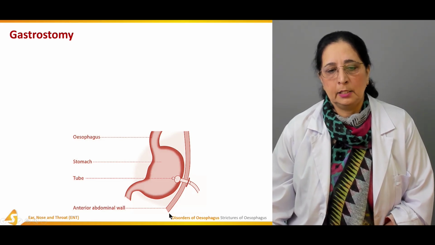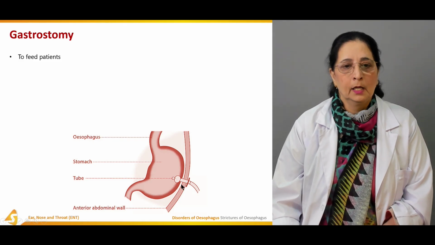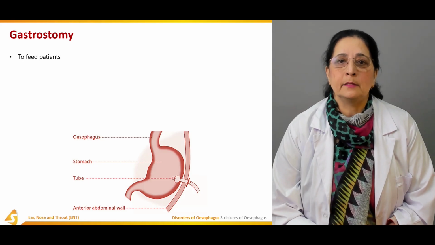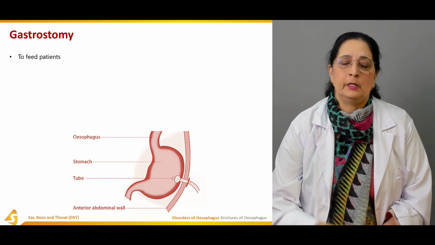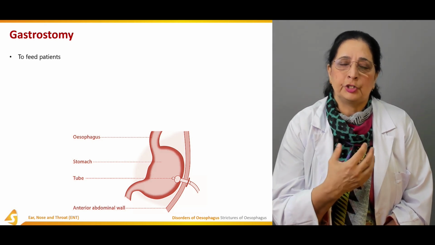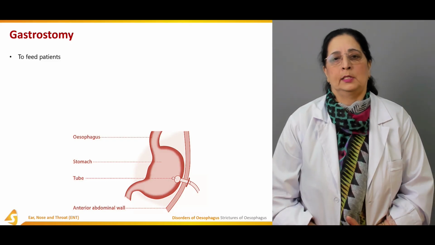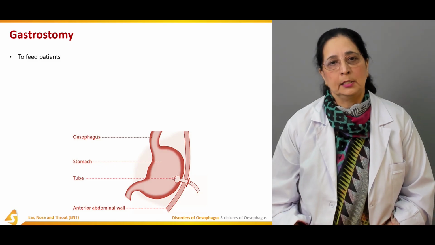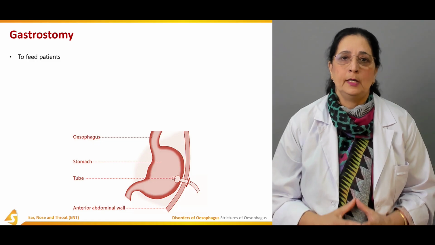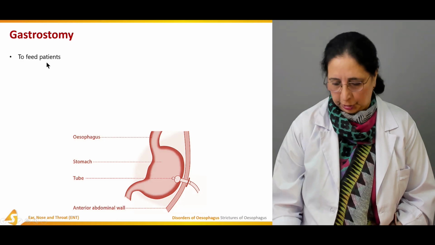This is the anterior abdominal wall. The opening in the stomach is made to feed the patient. If an NG tube cannot be passed as a result of the stricture, and reconstruction and bypass are not possible, the only option sometimes left is the gastrostomy, or opening in the stomach. This is done to feed the patients.